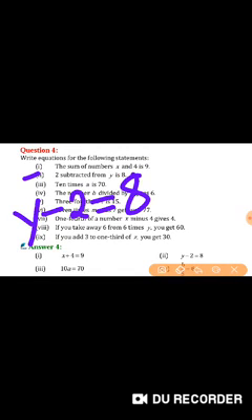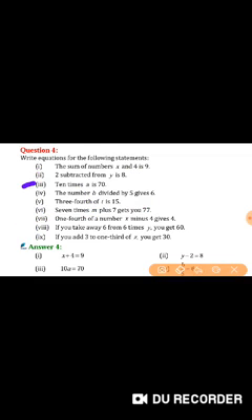This is the equation. Then the third one, 10 times a. Times means it is not necessary to write the multiplication here. Just write 10a is 70. So this is your expression.